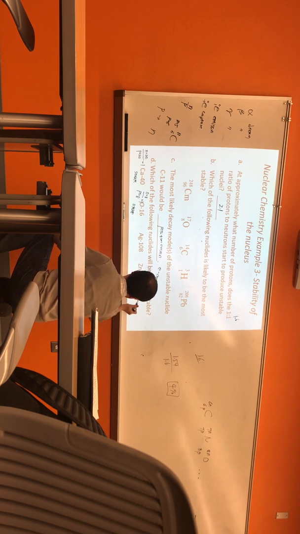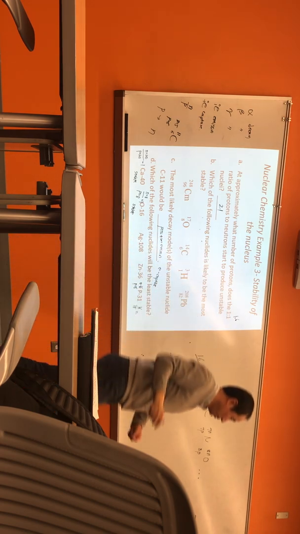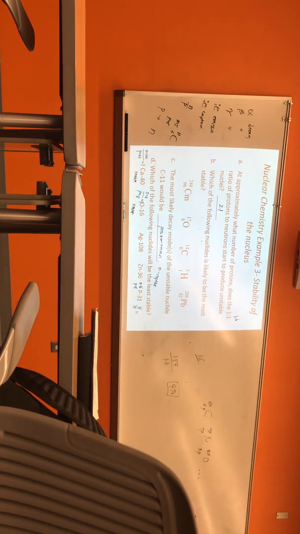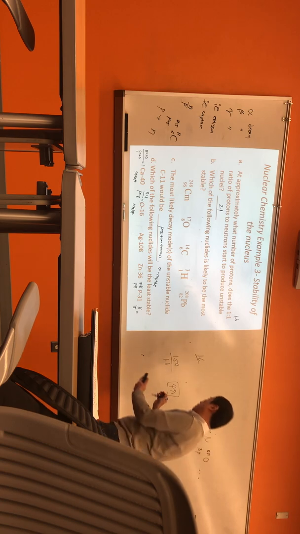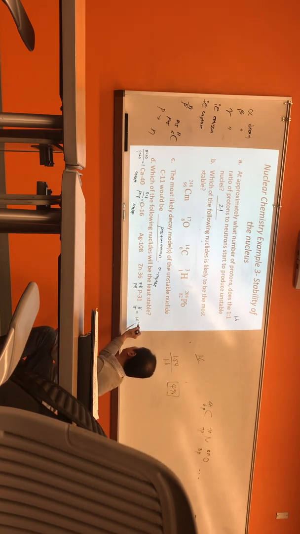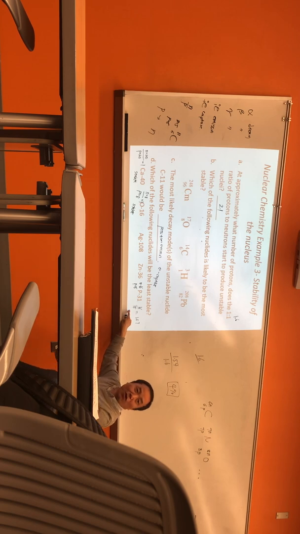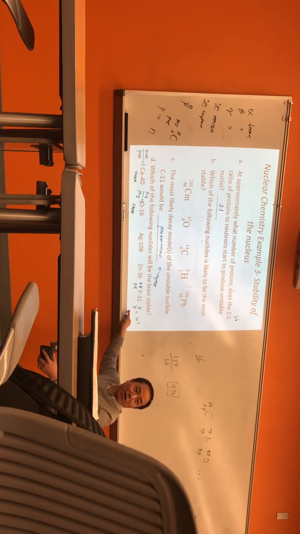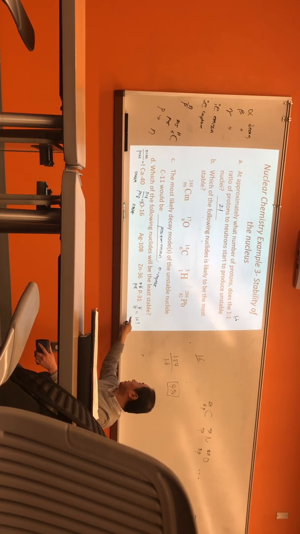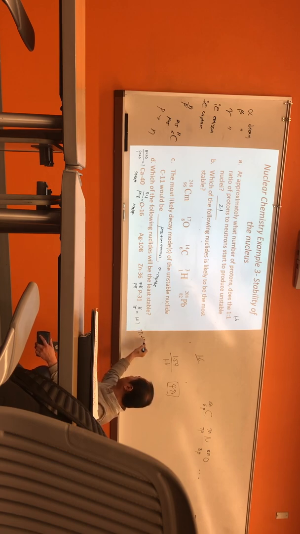So 16 over 15 is 1.07. Because our atomic number is less than 20, the ideal ratio is 1. So this one is 7% off from the ideal ratio.